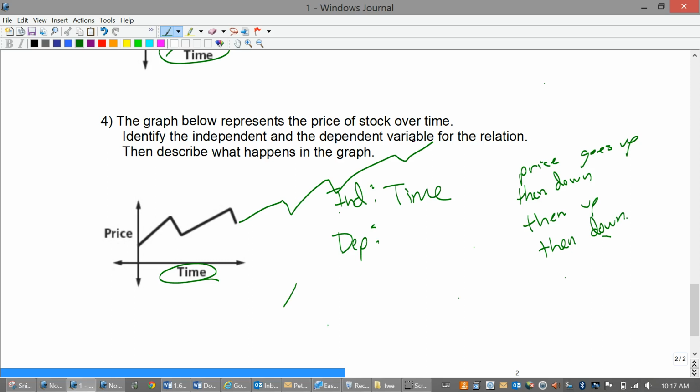Okay, and realistically, if we're getting a clear picture of what actually happens in the graph, we need to say price goes up, then down, then up, then down, with a general trend of increasing. Does that make sense? I think that's a fair conclusion based on the information that we're given in the graph.